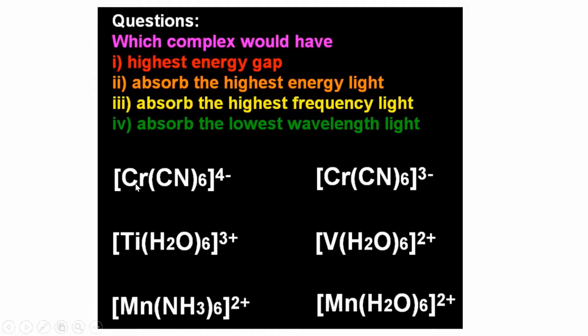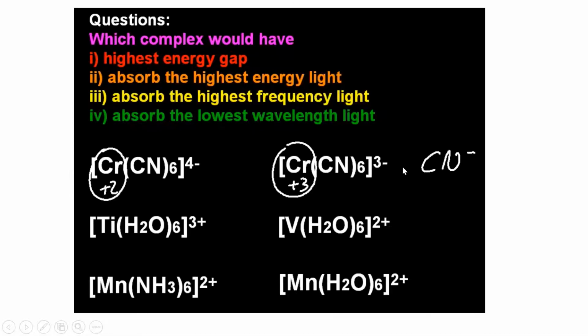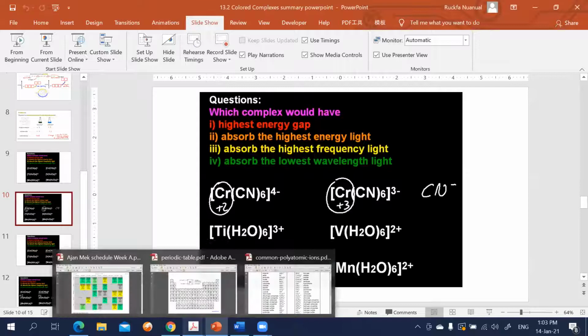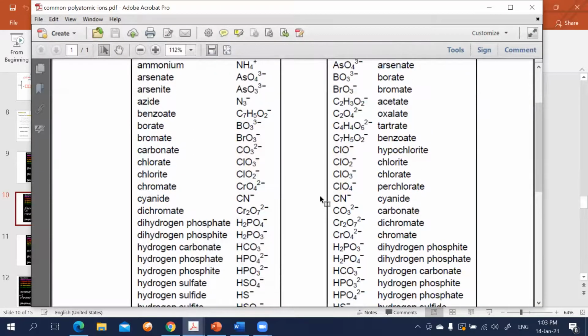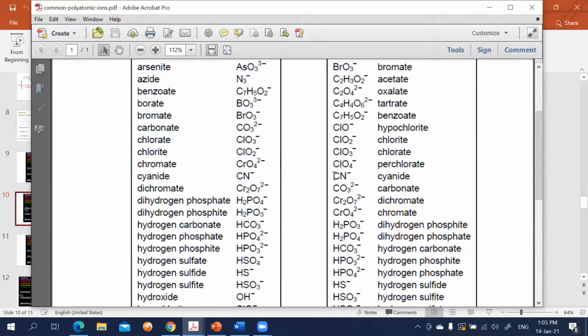So starting with the first one, I'm looking at a complex of chromium and cyanide, and both of them have the same ligands, yeah? The complex ion charges are different for oxidation, but the same transition metal, chromium. So for this one, I would need to understand that each cyanide, in case you don't remember, maybe you haven't seen this document before, in my list of common polyatomic ions, CN minus, cyanide, has a charge of -1 as a group, okay?